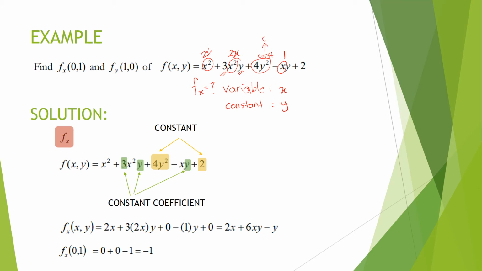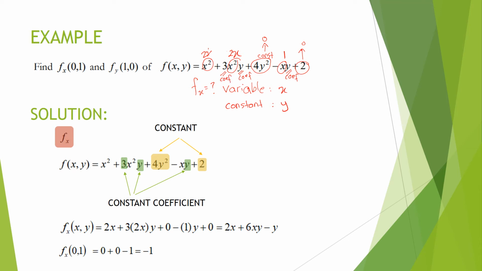When we differentiate the constant, it becomes 0. 2 also is a constant, becomes 0. This one just leave it like this because y is a coefficient here.